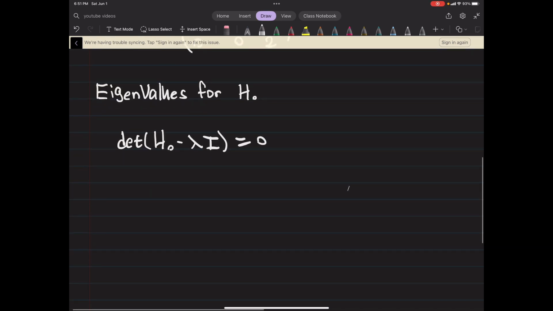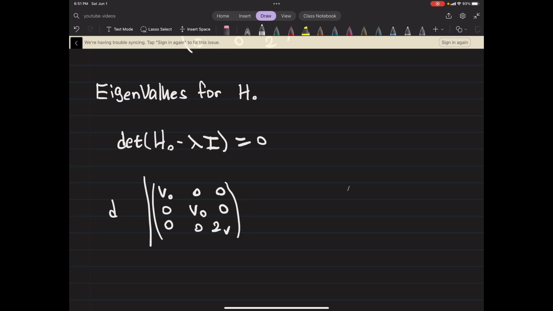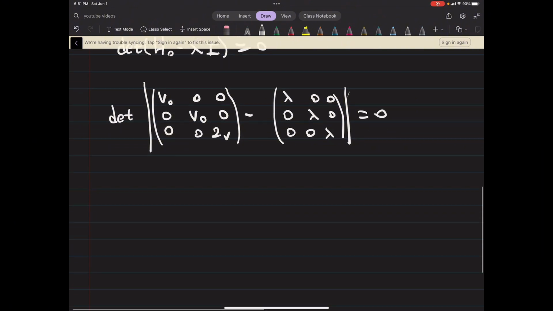So I'm just going to write this out one long time. We have V naught 0 0, 0 V naught 0, 0 0 2V naught, taking the determinant of all this, minus lambda 0 0, 0 lambda 0, 0 0 lambda. And we're setting that determinant equal to 0.